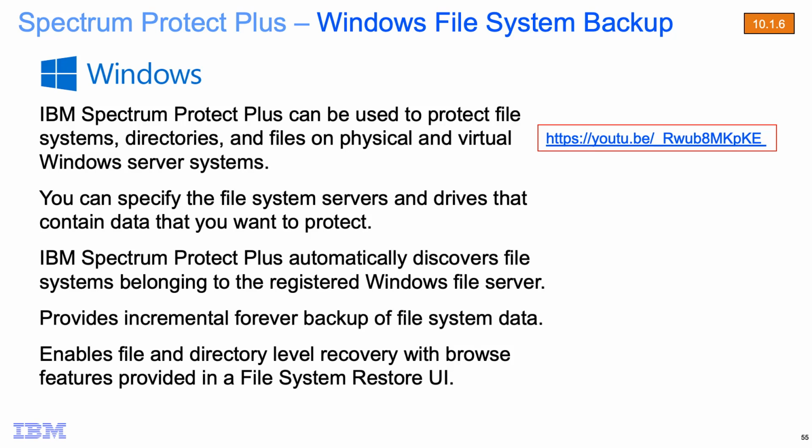With that support, IBM Spectrum Protect Plus can be used to back up files on a Windows physical file system. You will specify the server that you want to back up, and then IBM Spectrum Protect Plus will discover the file systems that belong to that server and provide a UI for doing backup and restore.